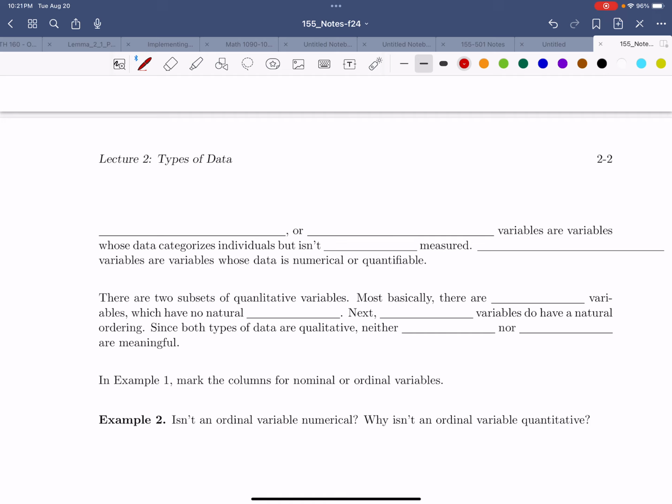So, one thing that we consider is qualitative variables, or you could also call this categorical data variables.